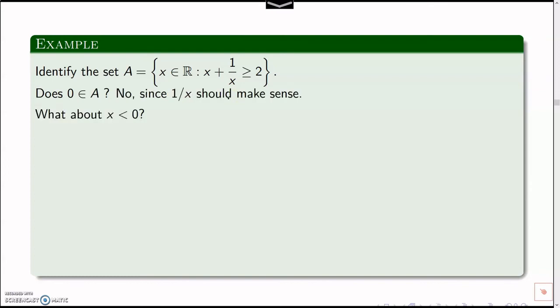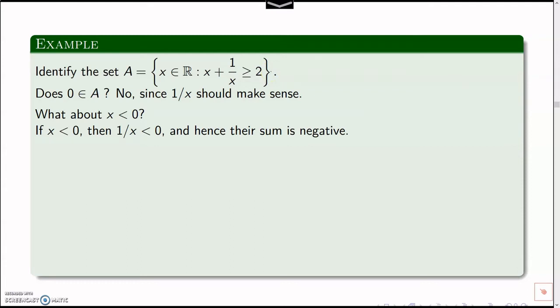What about negative numbers? Can negative real numbers come in this? If I pick some negative number, then x is negative and 1 by x also will be negative. So I have the sum of two negative numbers which will again be negative, and I'm saying that 2 is less than or equal to a negative number, which is not possible. So any negative number cannot come in this.